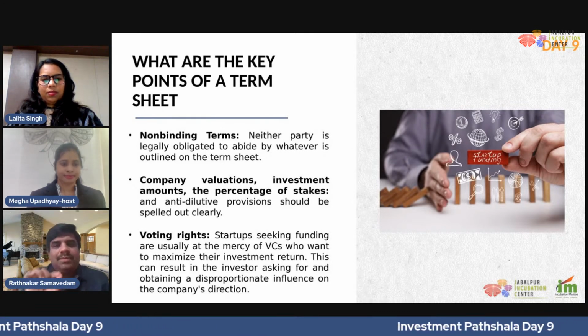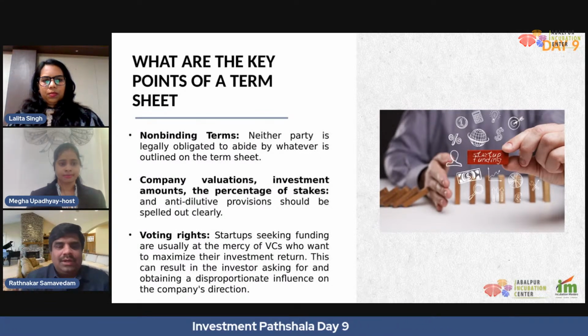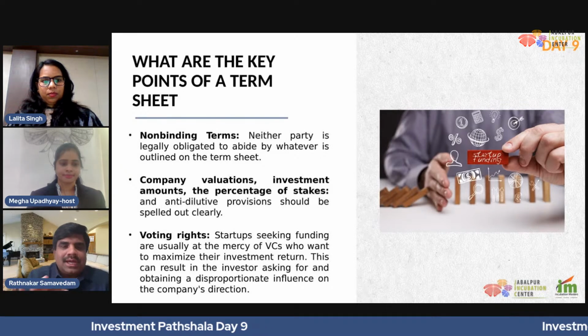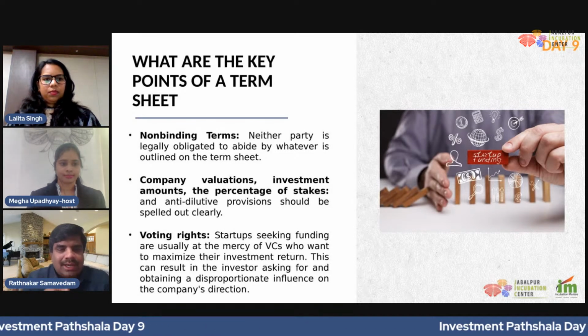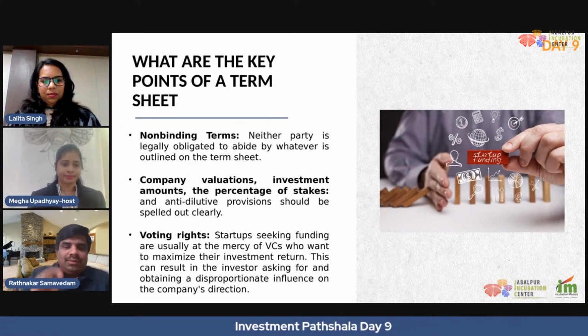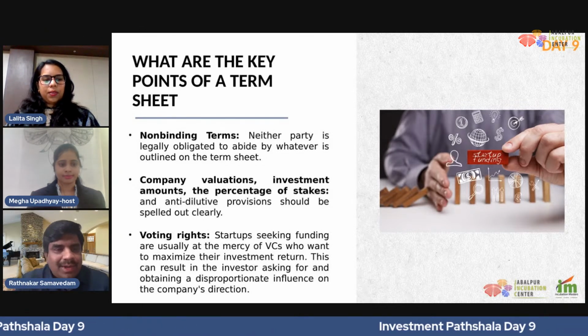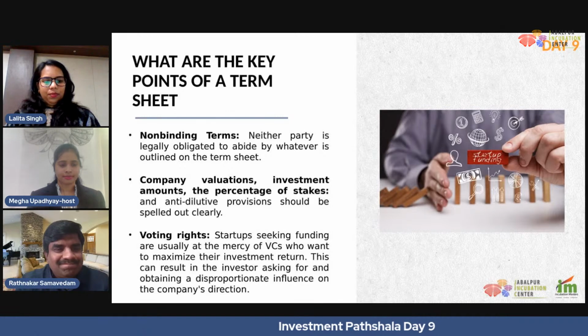Once I say binding, it means irrespective of the outcome of the due diligence, since I agreed, this is a contract. Again, I'm saying contract. When I say binding, irrespective of whatever happens, because I agreed the terms, I have to oblige. I cannot go back. Understood now?